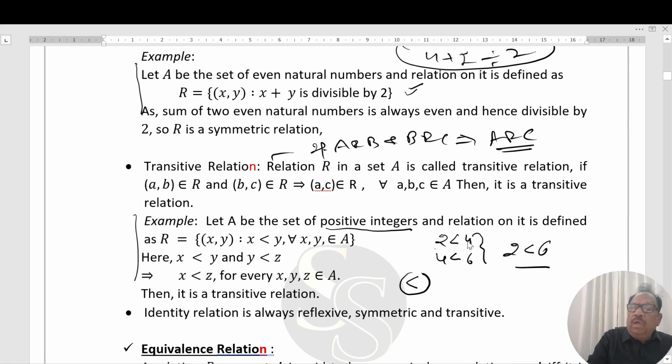This is ARB, this is BRC, this is ARC. In a generalized way, this can be written as x less than y, y less than z, then x less than z for every element. Therefore, it is a transitive relation. Identity relation is always reflexive, symmetric, and transitive.